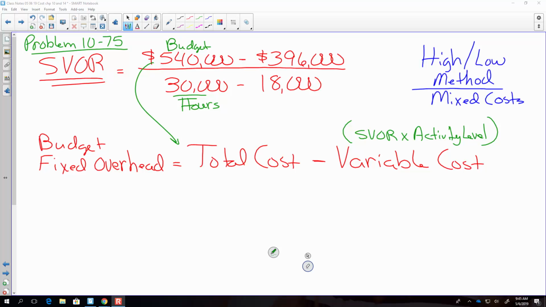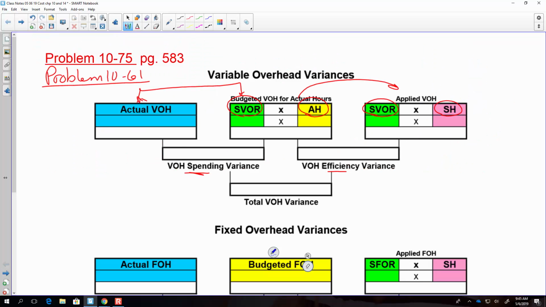So if I solve and break this down, what did you guys get for your SVOR? $12. That's perfect. So where does that $12 then go on our template?